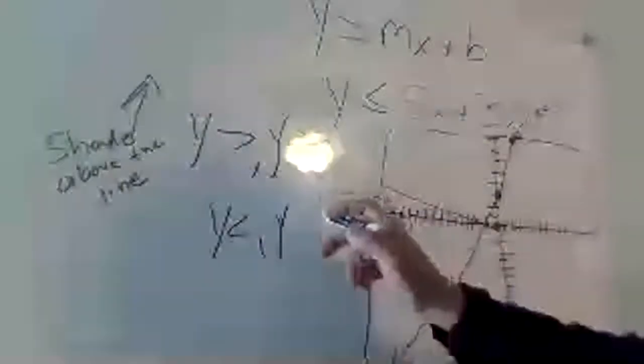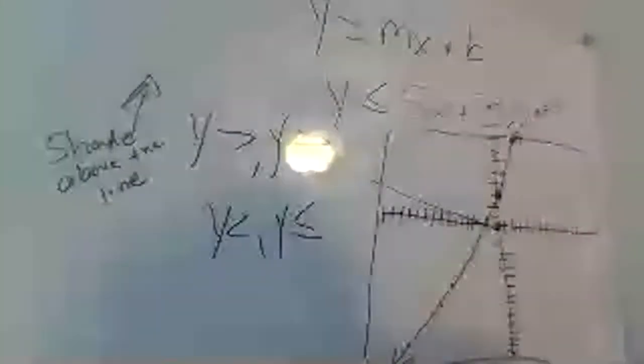And anytime that it's y is less than, whether it's just less than or y is less than or equal to, we're going to shade below the line.